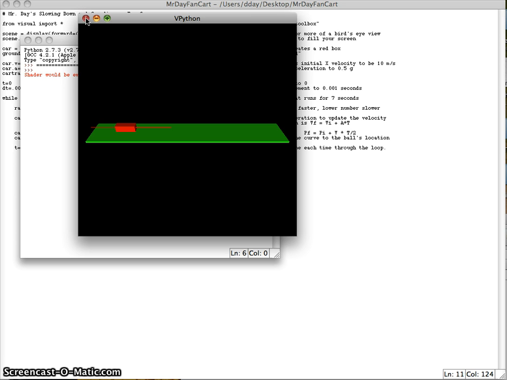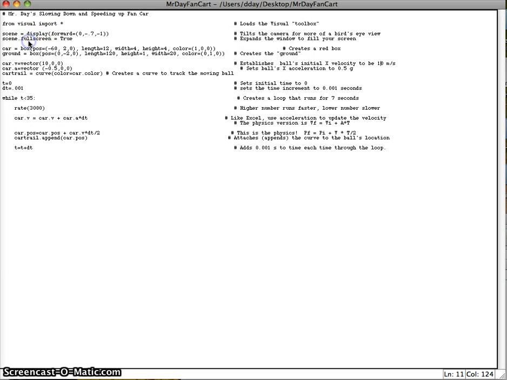Cool. So again, I'm going to put this file up on the website. If you scroll down, you'll see this file uploaded, and you'll have to open it with Python, and you can play around with it till you get it to work. Right here, this is the physics, and this part here.